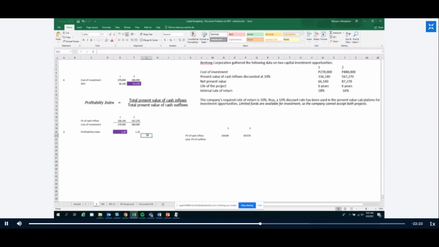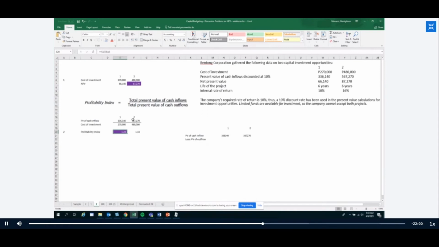Paano natin i-interpret ang profitability index? For every 1 peso, this is how much it generates back. So, sa kada piso na ini-invest natin for project 1, we are getting 1.24.